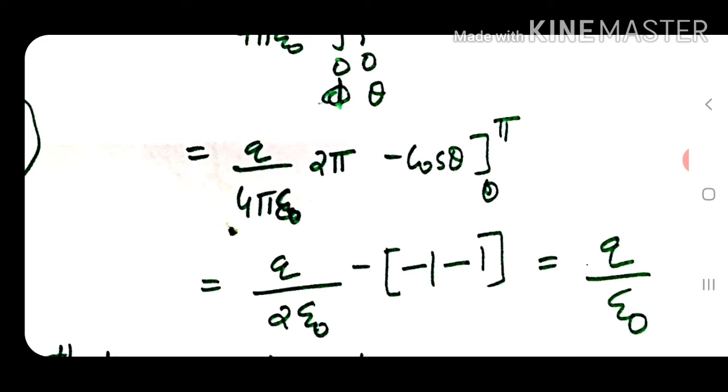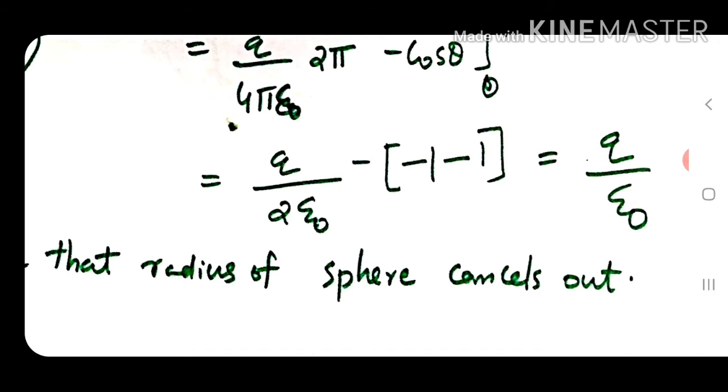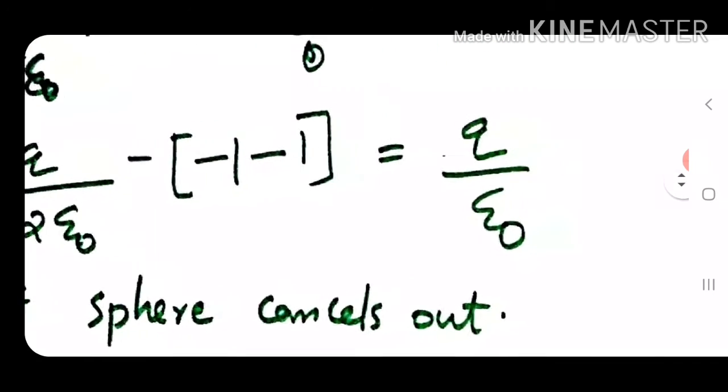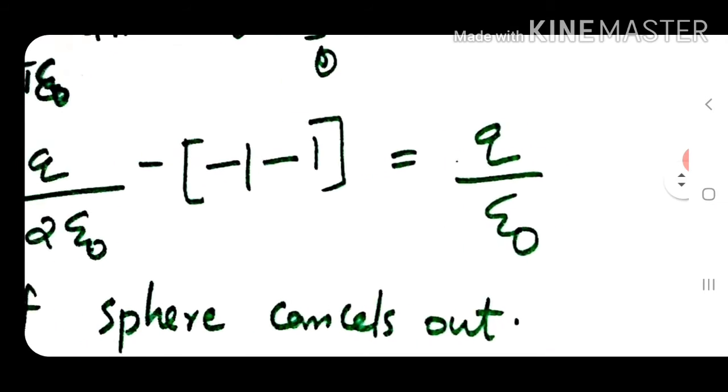So this is q by 4 pi epsilon 0 into 2 pi into minus cos theta. When we apply the limits, you get 2. So ultimately you are going to get q by epsilon 0.